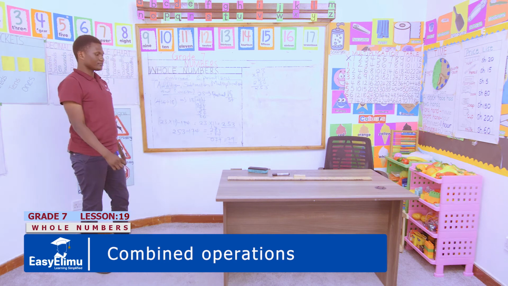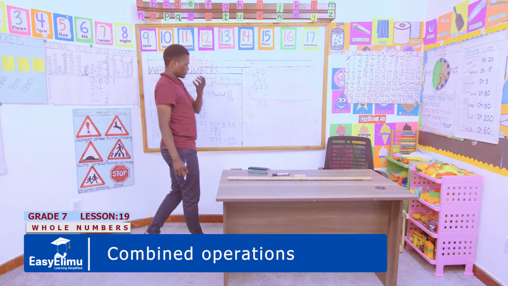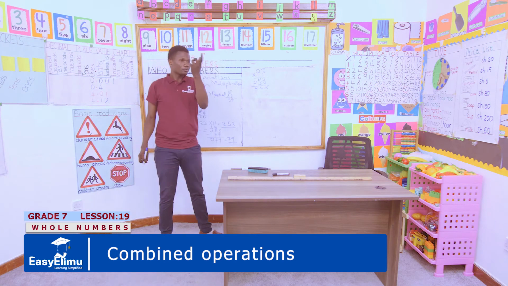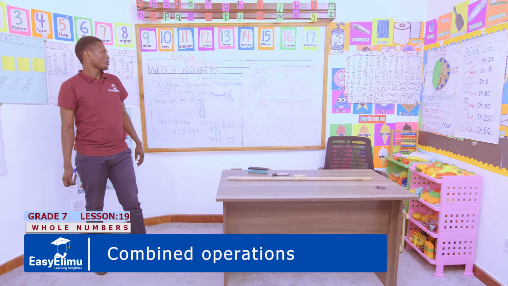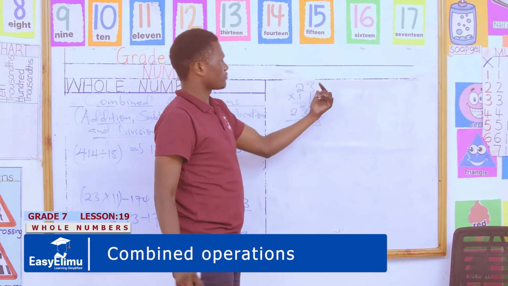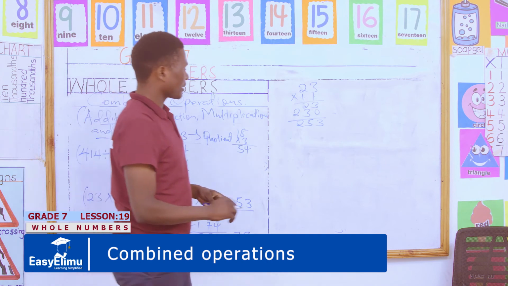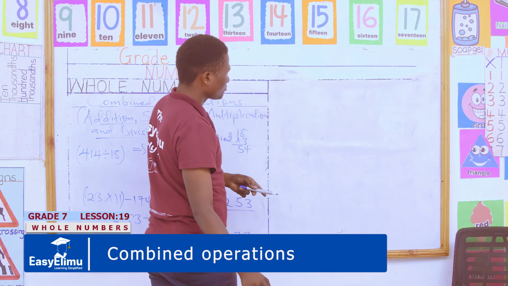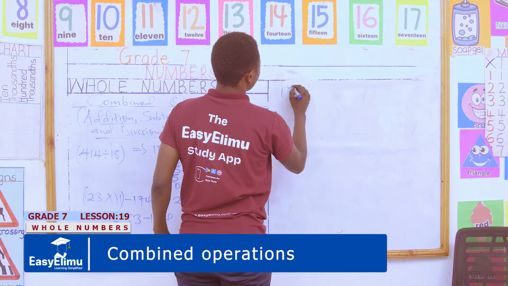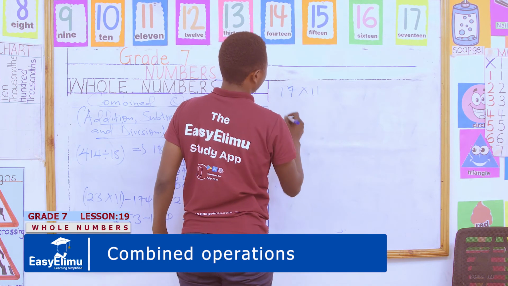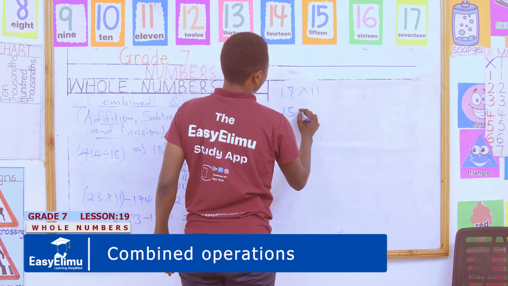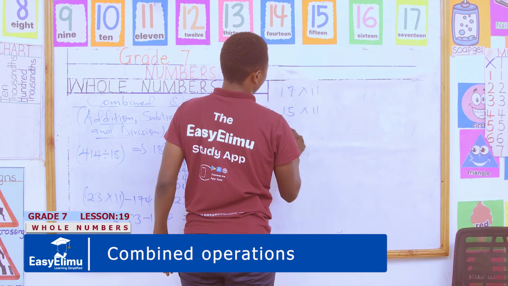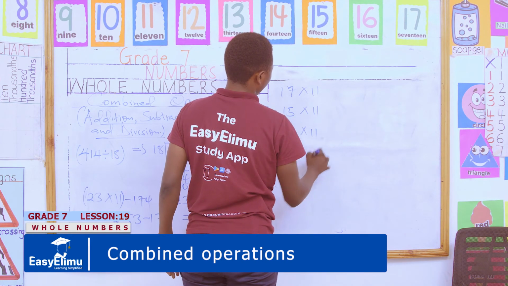Any question up to that point? Yes, Paul? Oh, you want me to confirm more other multiplication of two-digit numbers by 11? All right, let us check. Assuming someone has given you a number like 17 times 11, 15 times 11, 36 times 11.